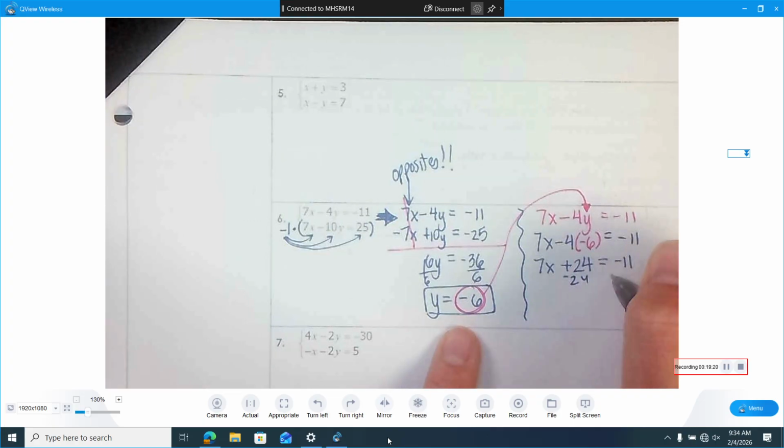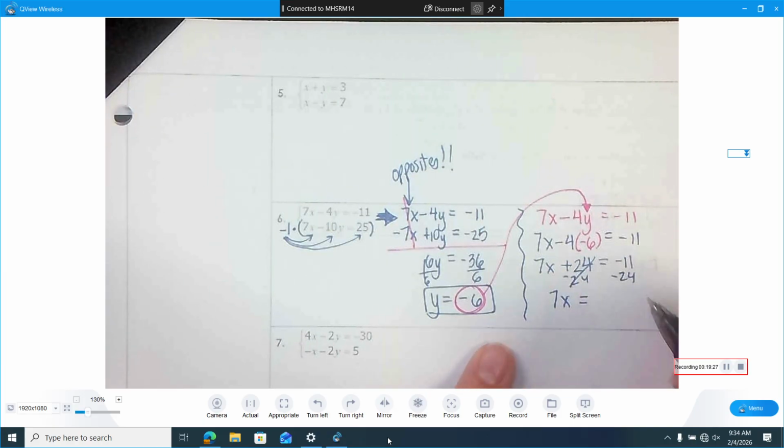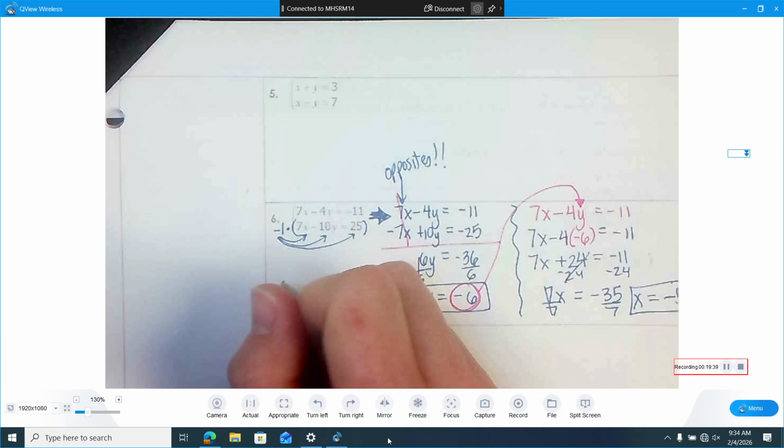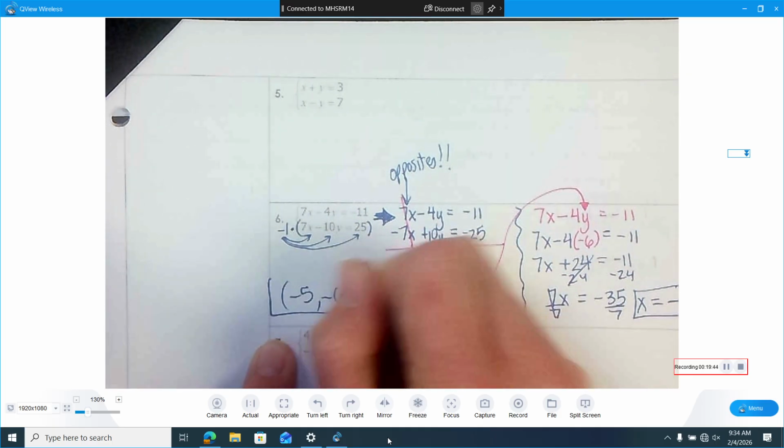Minus 24, minus 24. So you get 7x equals, that's a whole lot of negatives. How many negatives is that? Negative 35, good. And then we can divide by 7. So we get x equals negative 5. Excellent. So what's our ordered pair? Negative 5, negative 6. Great.